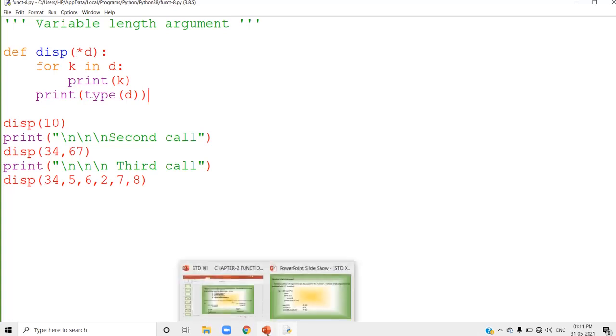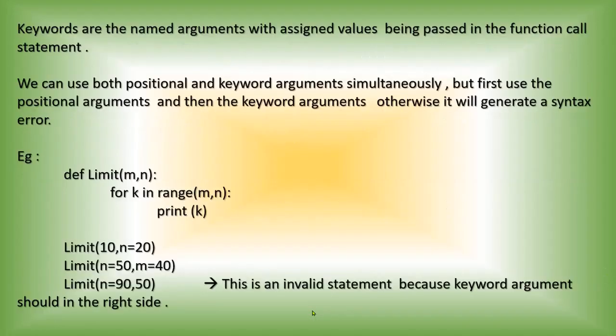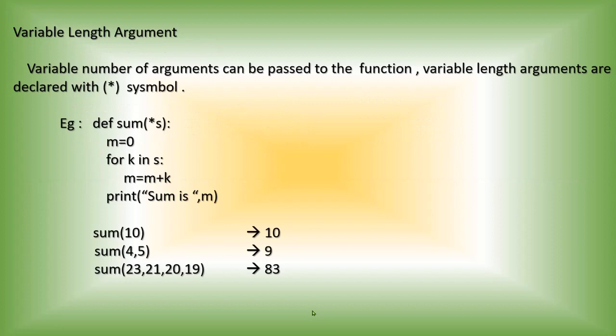So what we studied in today's class: variable length argument and keyword argument. Keyword arguments are the named arguments with an assigned value in the function call statement. Variable length arguments mean any number of arguments can be passed to the function, but they must be declared by using a star sign in the function definition.